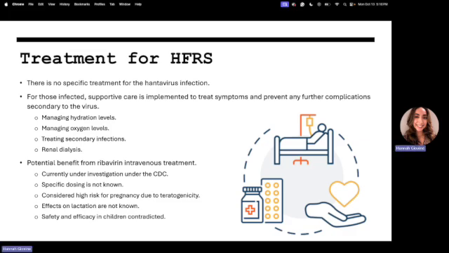Oxygen levels are another vital that should be managed and monitored, as the hantavirus can cause cardiovascular and respiratory complications.